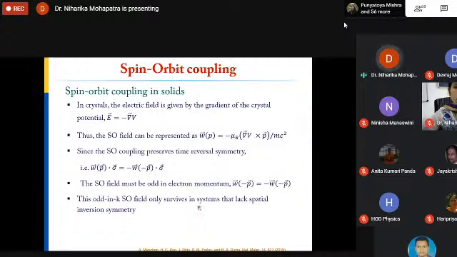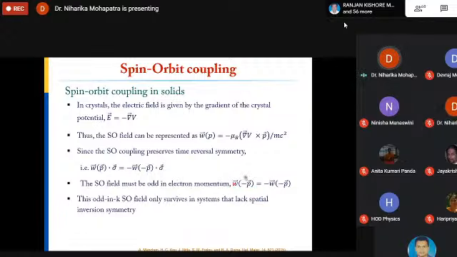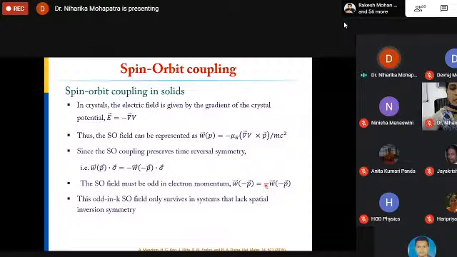Now what we have to look at is that the spin orbit field is odd in electron momentum. That means when you change the electron momentum, you will see that this is odd, meaning a negative sign arises.